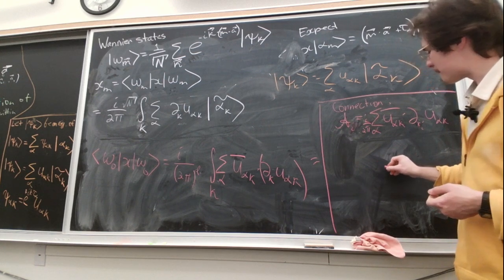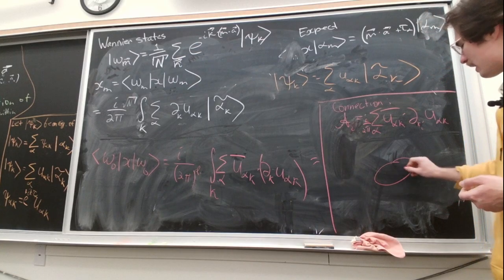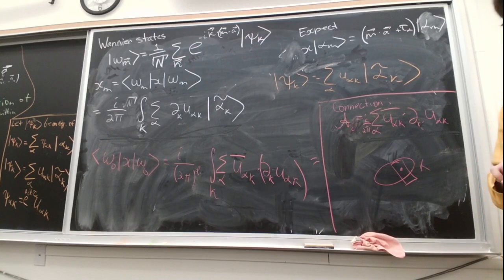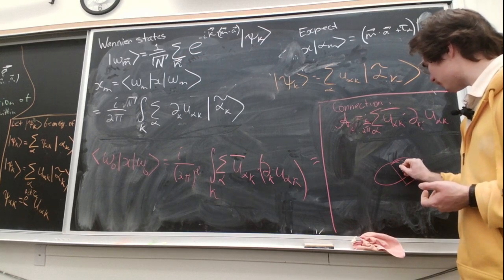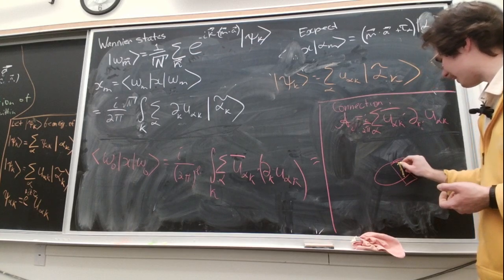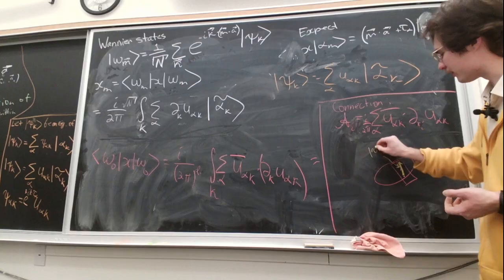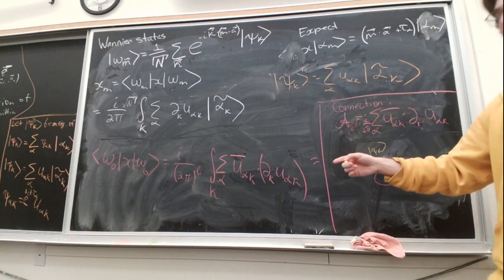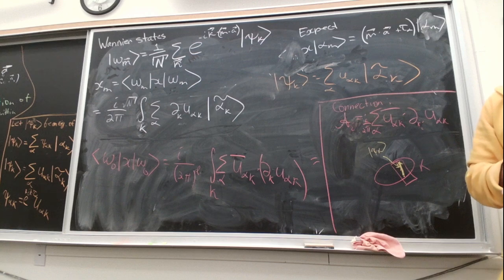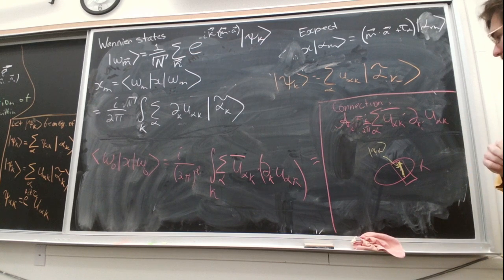I have my momentum space K, do you agree? And at every point, I have my Hilbert space, do you agree? And in this Hilbert space, I have some chosen vector psi k, which is determined by the Hamiltonian because it's an eigenstate of the Hamiltonian. Do you agree? So psi k was something determined by the Hamiltonian because it's an eigenstate.